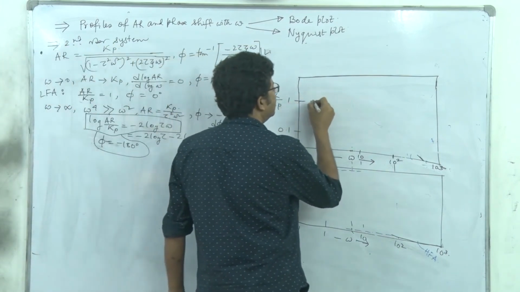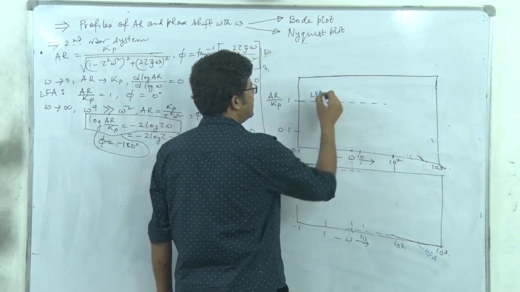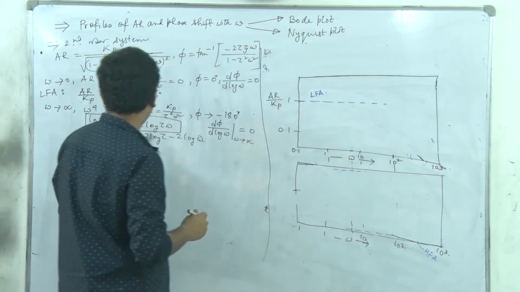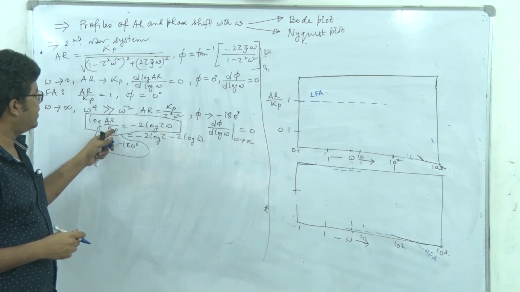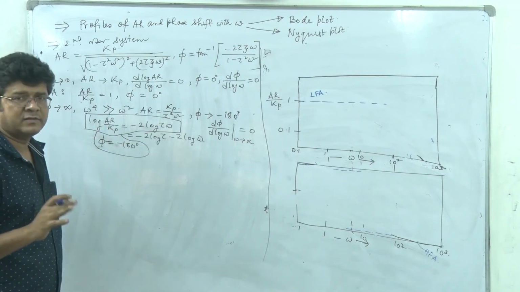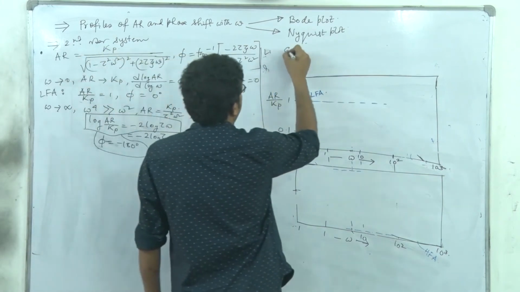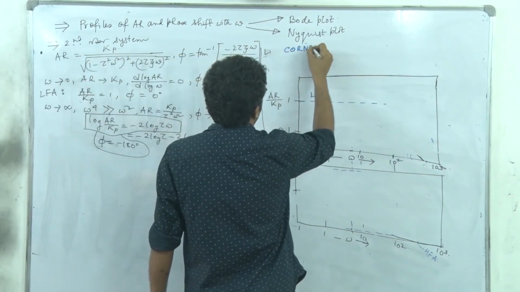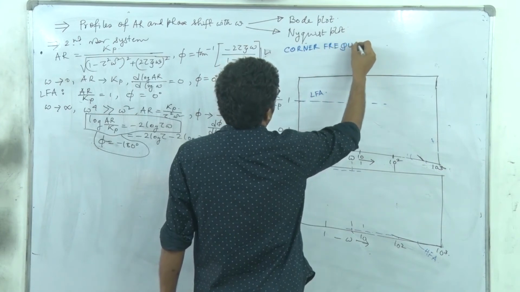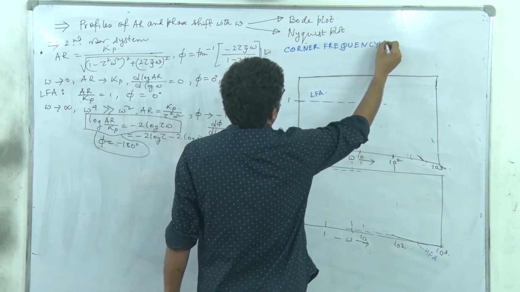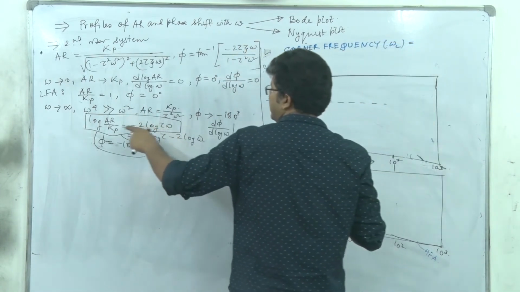Now the high frequency asymptote has a slope of log of AR by Kp versus log omega. It's a straight line with a slope of minus 2. And what is the corner frequency here? So the corner frequency here, omega c, will be AR by Kp, substitute here at 1.